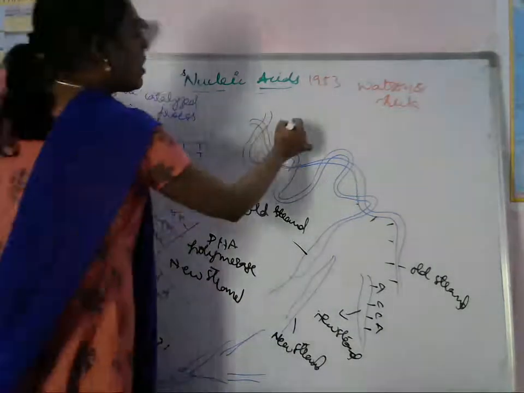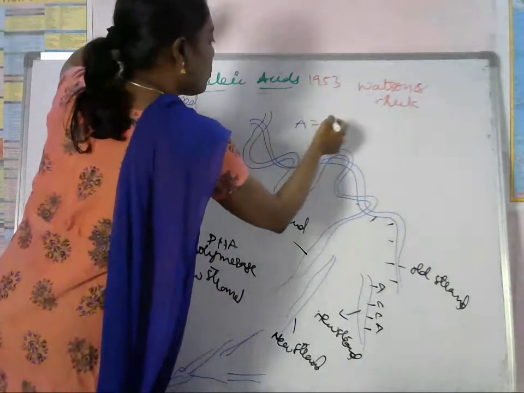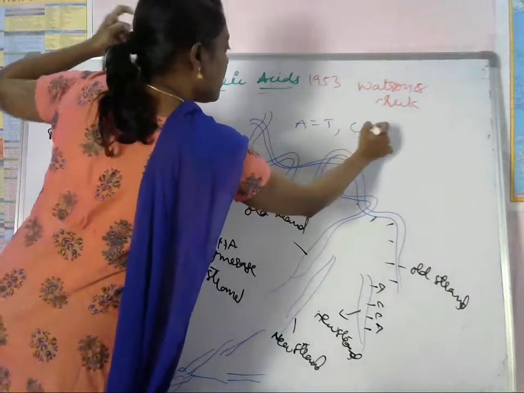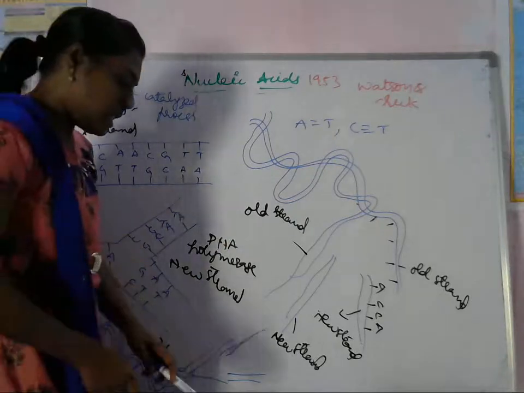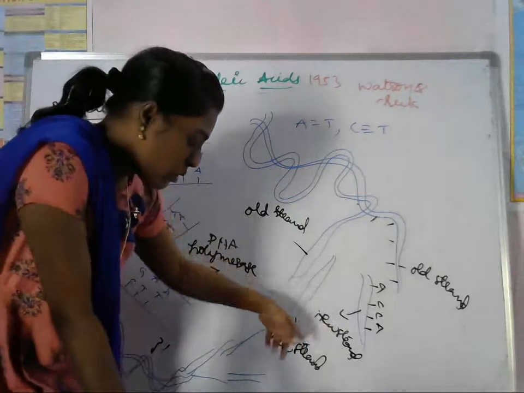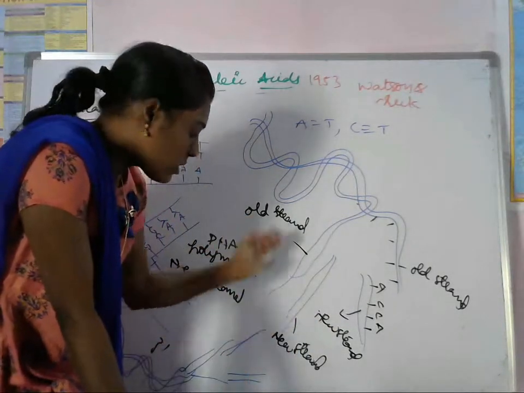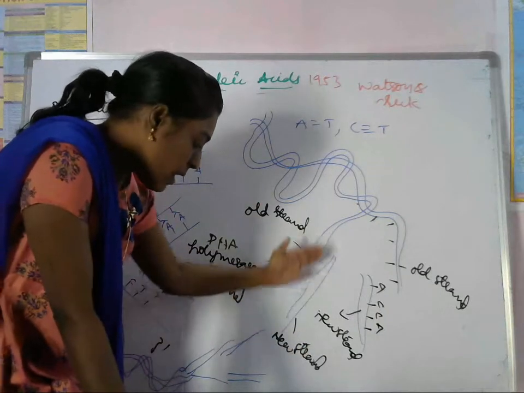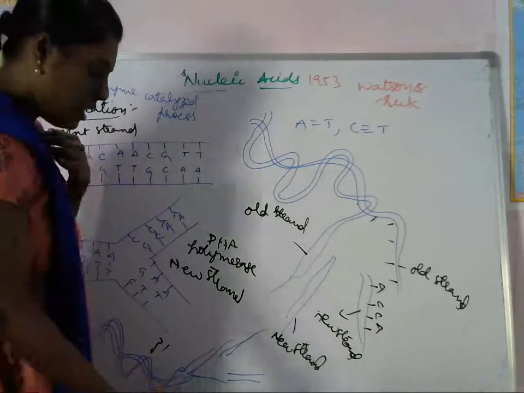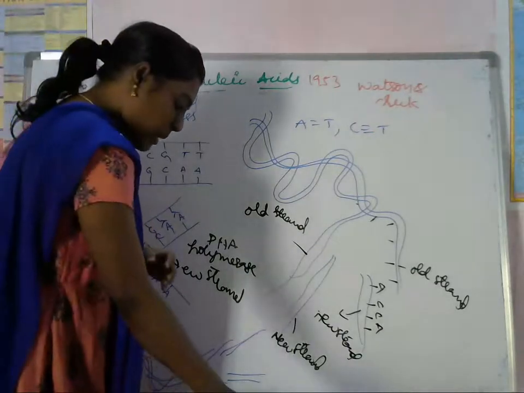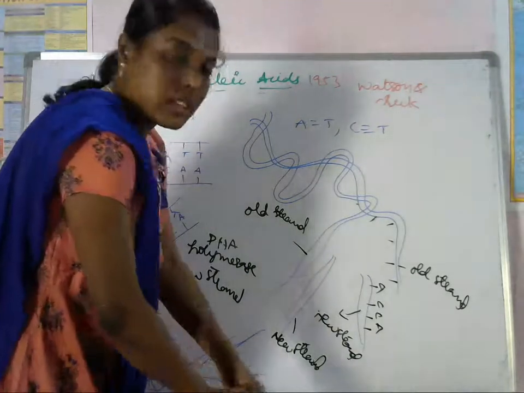Always here A has a double bond, meaning two. In this also the same bonding will be present. Two identical copies of the new DNA are made, where the individual nucleotides join and create a new DNA strand. It's complex and involves many steps.